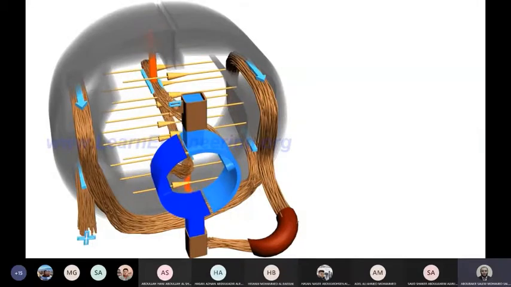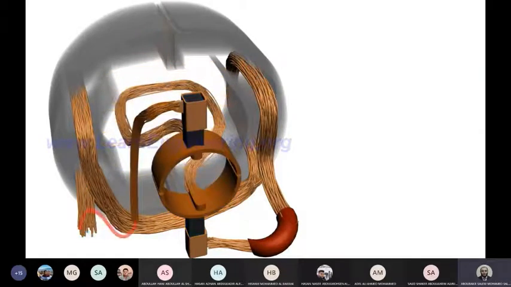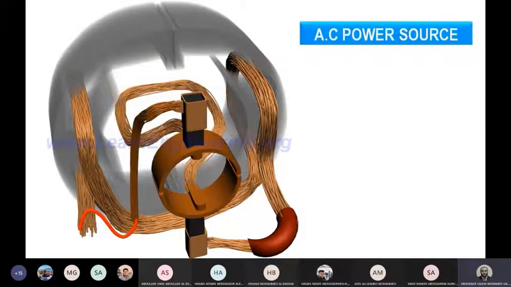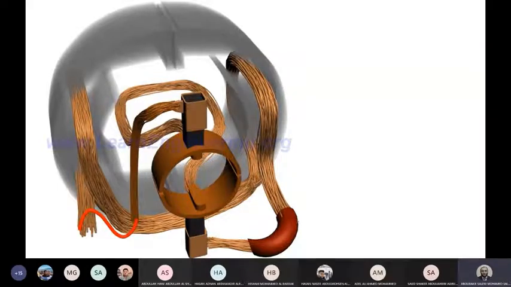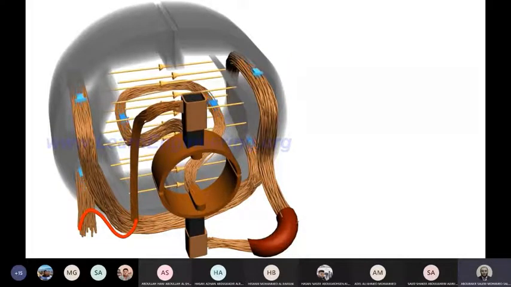Let's see what happens when the same motor is connected to an AC power source. Since the field coil and rotor coils are connected in series, the same phase of electricity passes through them always. It is obvious that, in this case, the electricity flow through the left and right part of the coil is never unidirectional. But along with the change in direction of this current, the direction of magnetic flux also changes, as the same electricity flows through the field and rotor coils.